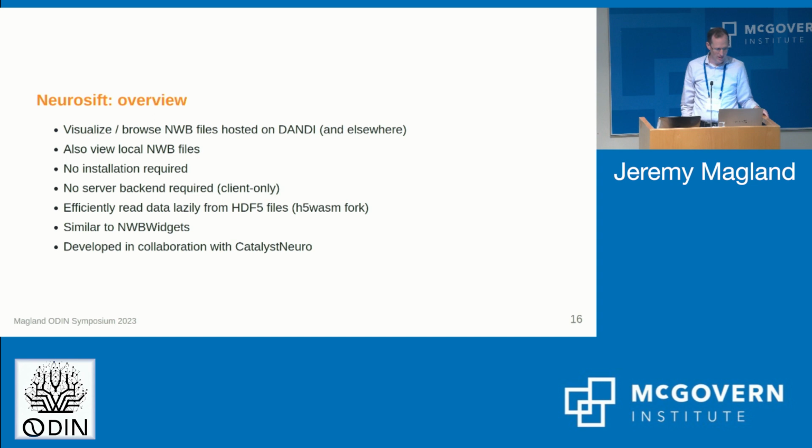The important thing is that this is a client-only application, so there's no server that needs to be maintained. I have a GitHub repo with Neurosift, and I use GitHub Pages to serve the web app, and there's no other infrastructure that's needed because the web app reads the data directly from the cloud buckets through DANDI, and again, there's no intermediate layer that's needed.